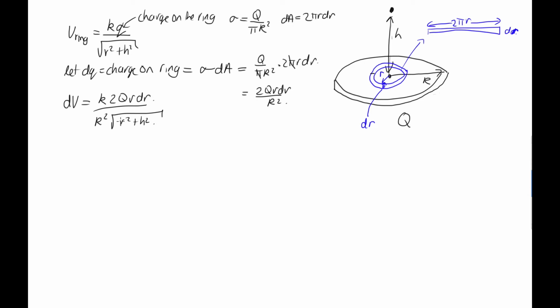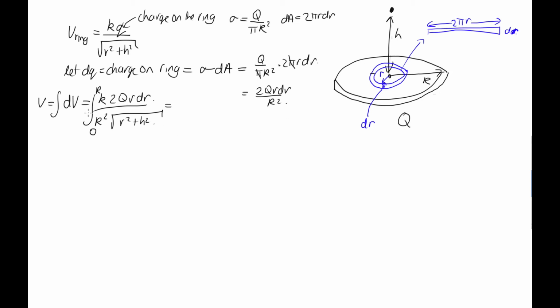So if we want to get the total voltage, we're going to have to integrate this expression over all the radii. So if we integrated this, then we'd end up with the voltage, and we'll want to integrate it from radius 0 up to radius R, because capital R is the outside of our disk.